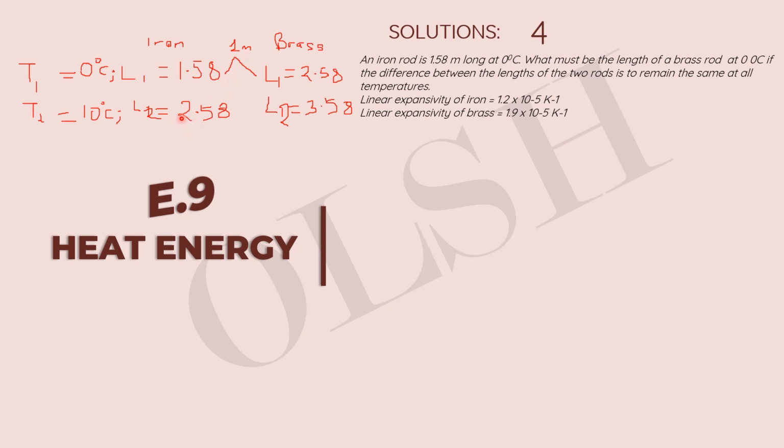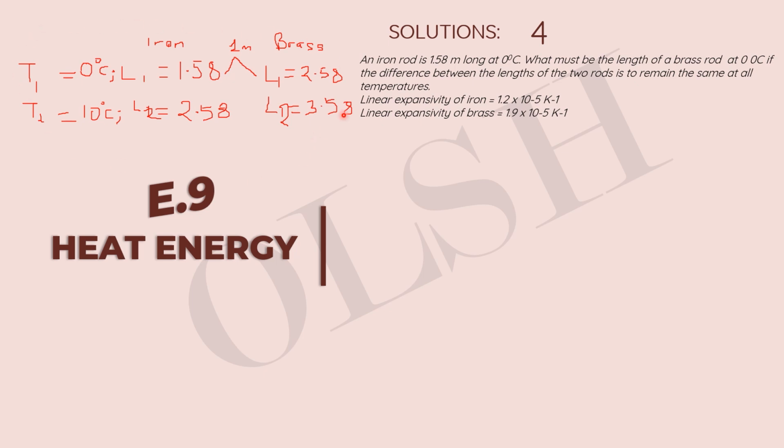So if L2 is 2.58 for iron, L2 for brass should be 2.58 plus 1 to give us 3.58. In the same way, the change in length for iron, L2 minus L1, is 1, and the change in length for brass, L2 minus L1, is also 1.